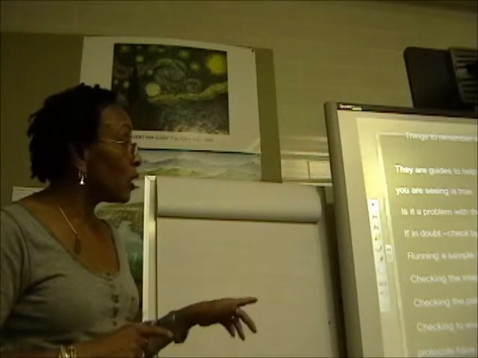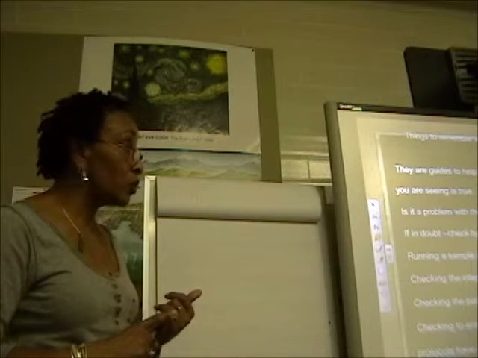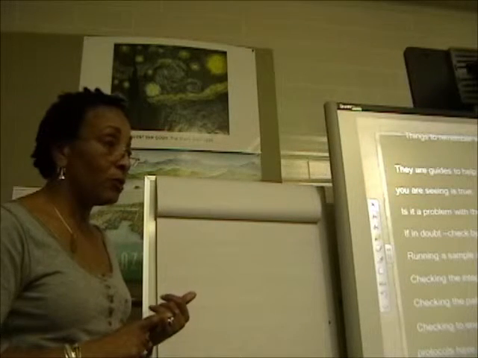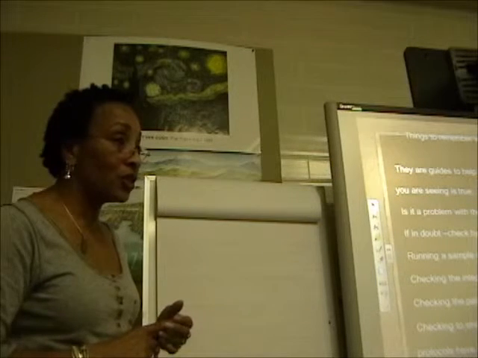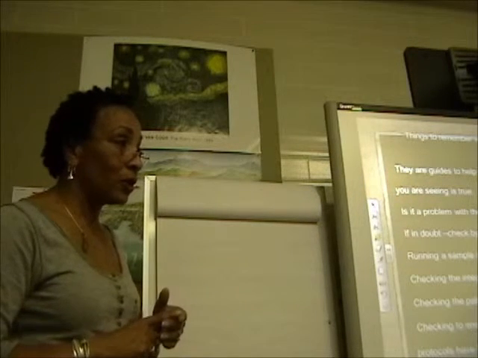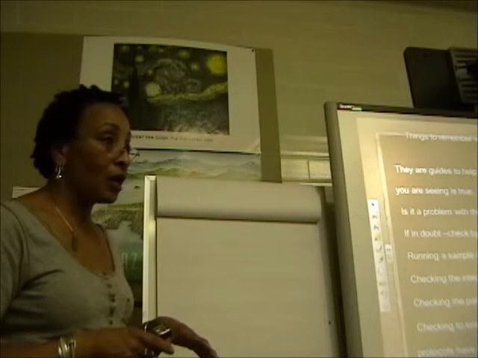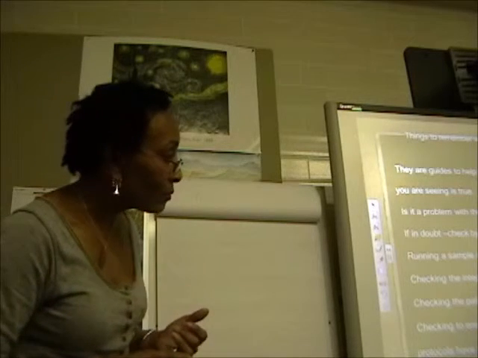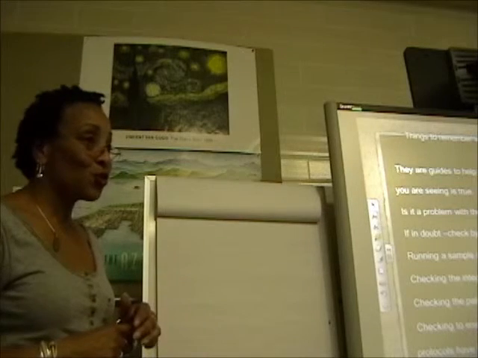You want to make sure you have enough reagents, because if you don't have enough diluent, that could mess up your WBC counts or your RBC counts. If you don't have enough lysing agent, that's going to mess up your counts. So you want to make sure that you have all of these things in place when you're looking to see what's going on with your sample, because you want to make sure that what you see is true.